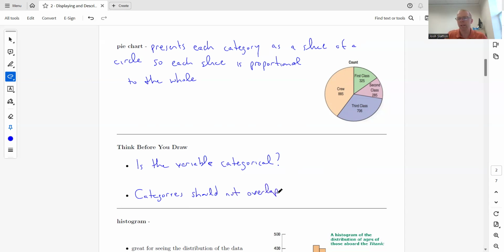So whenever you're looking at categorical data, each individual in your data set will fit in exactly one category, and one and only one. So that's just something to remember.